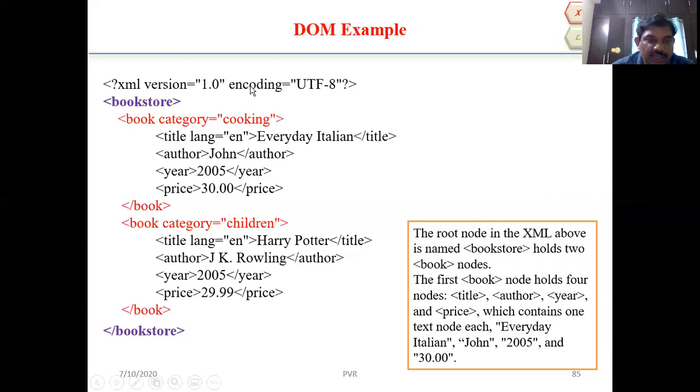Here, this is one child. This is the root node, meaning parent node, and this is the child: book category equal to cooking. We are using 4 nodes: title, author, year, price.